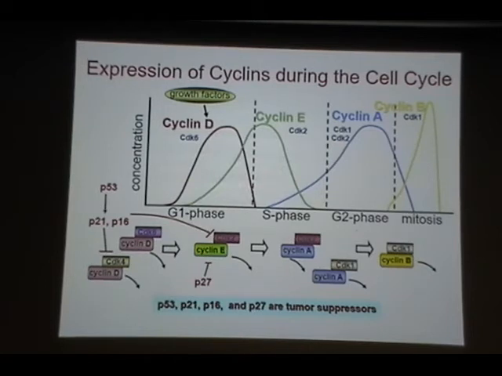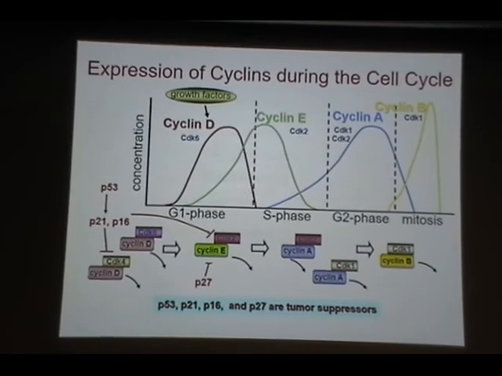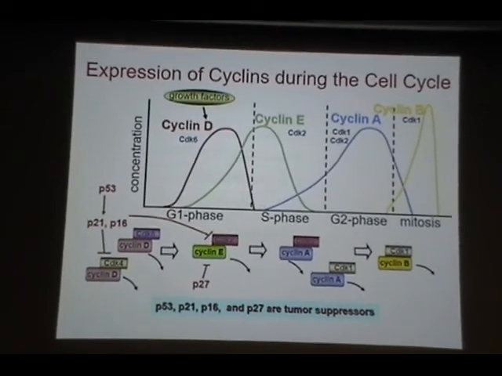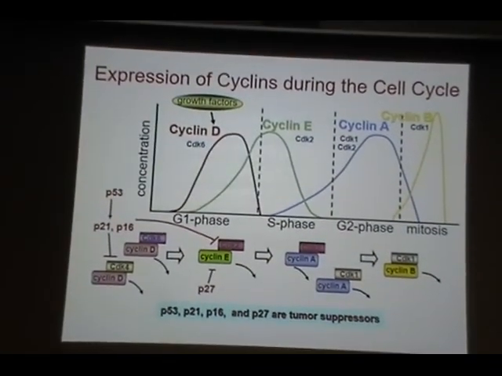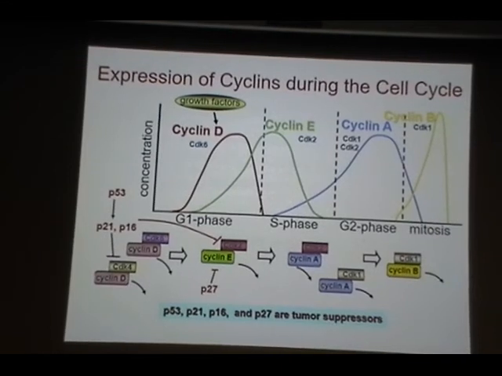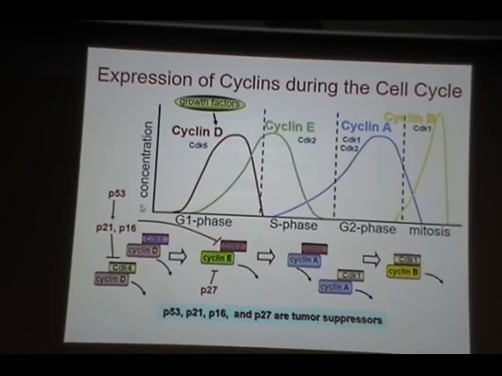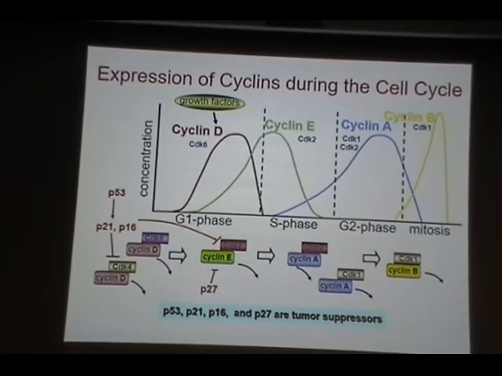And it can make this cell growth out of control in a single hit hypothesis, and in a two hit hypothesis, most of the tumor suppressor genes require mutation in two copies of the genes.